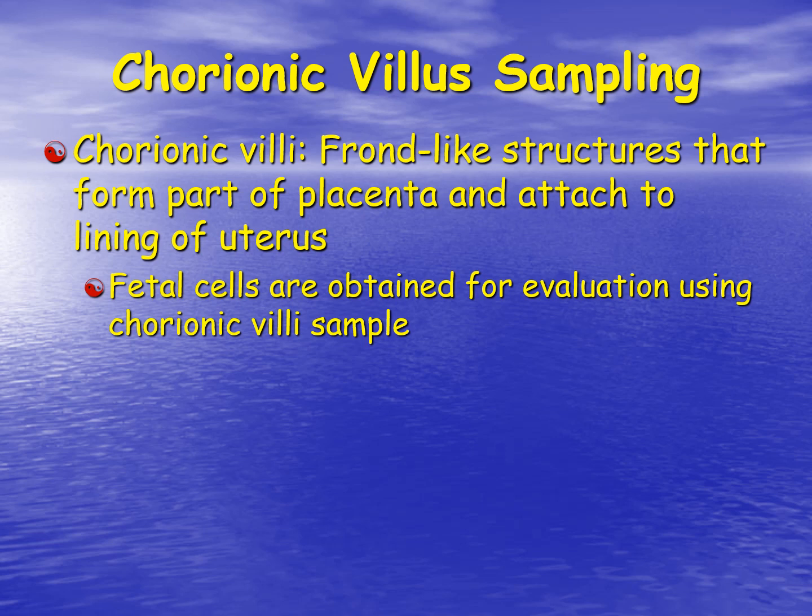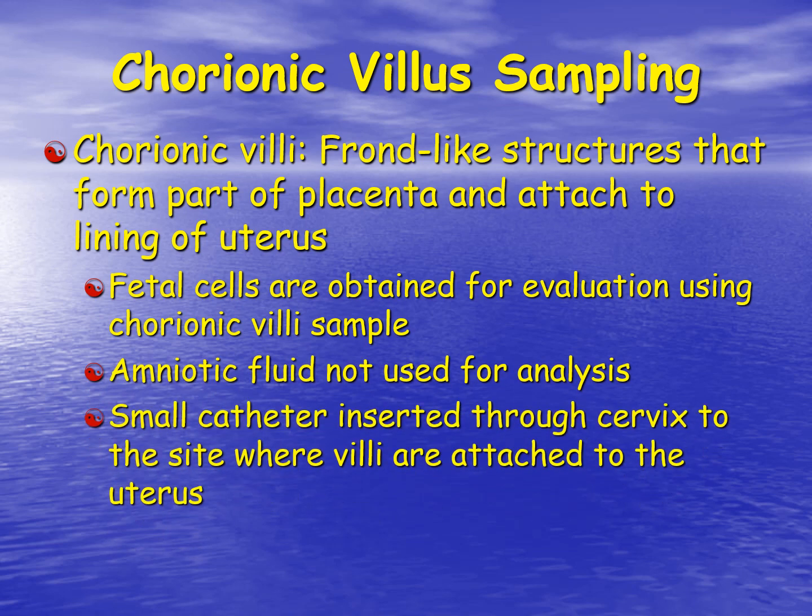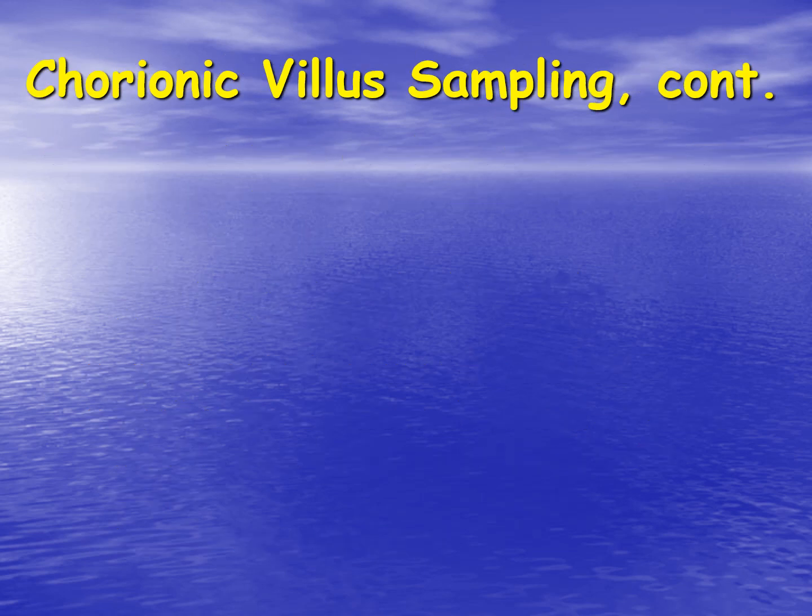So the fetal cells are going to be obtained for evaluation using this chorionic villi sampling and not the amniotic fluid. A small catheter is actually inserted through the cervix to the site where the villus are attached to the uterine wall, and again this is done under ultrasound guidance. And then a small area is suctioned through that catheter to take for the sample.